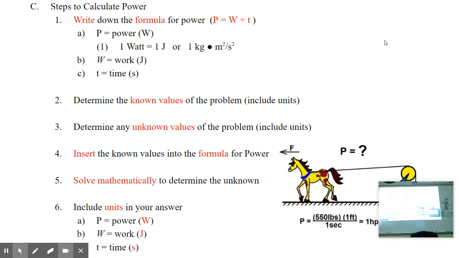Once you've done that, insert those known values along with their units into the formula. Solve them mathematically. Again, don't forget to include your units in your final answer.